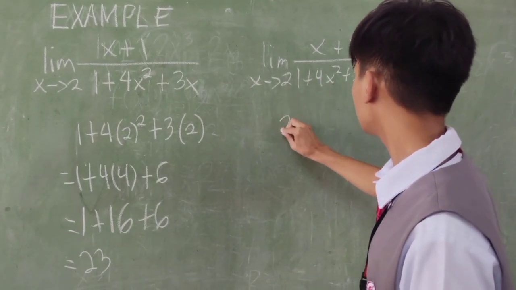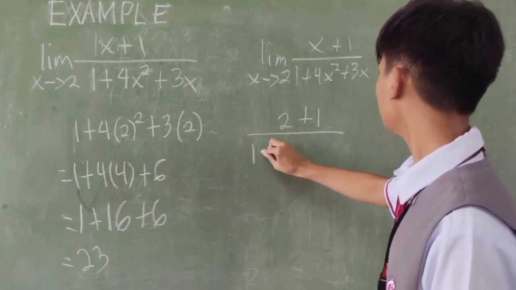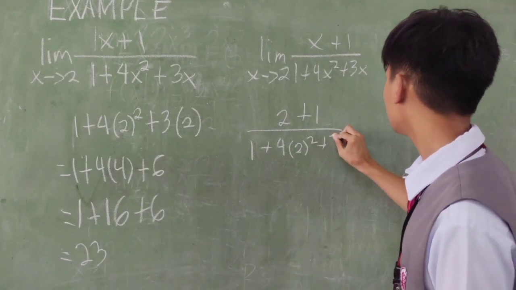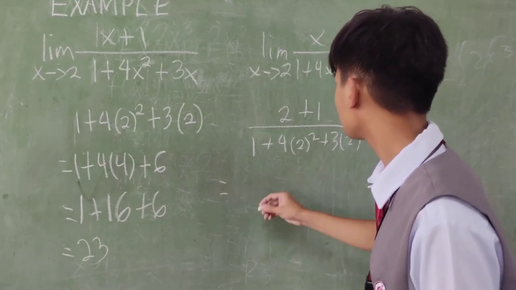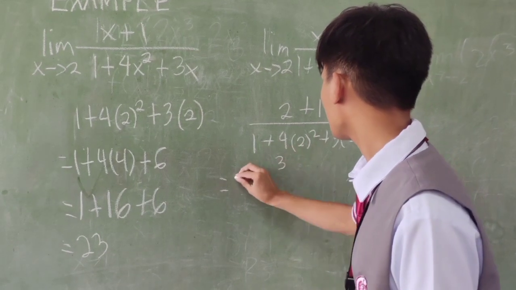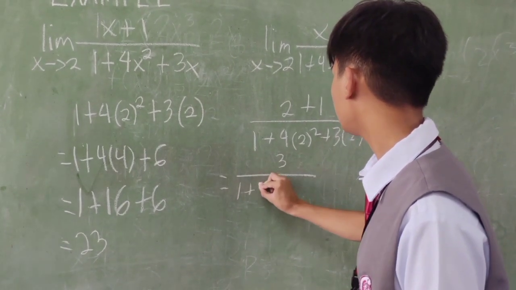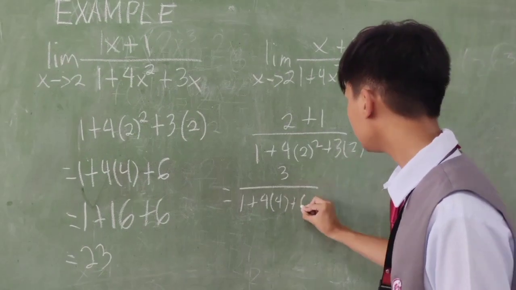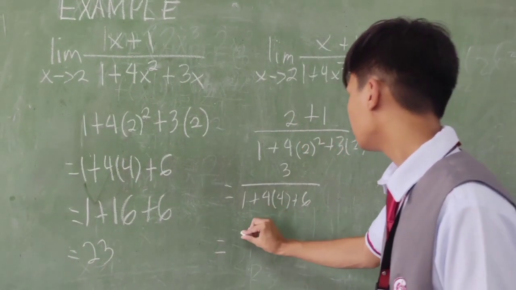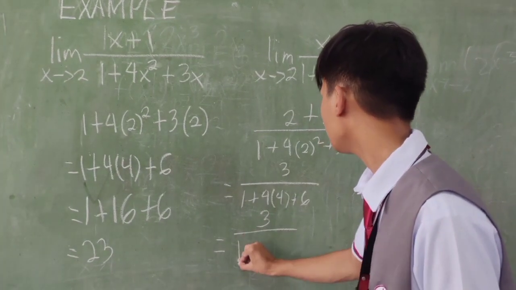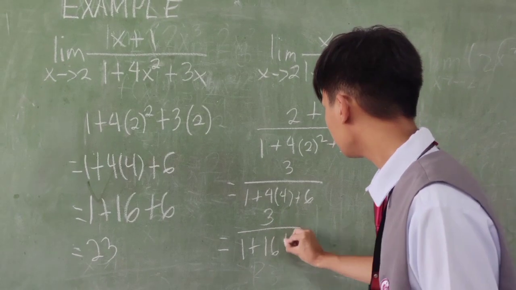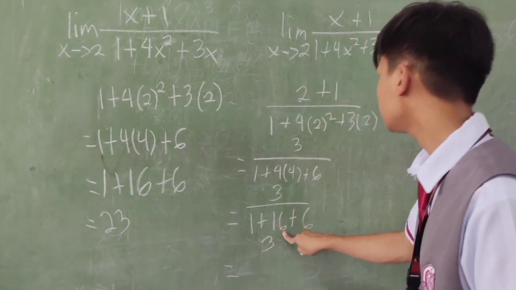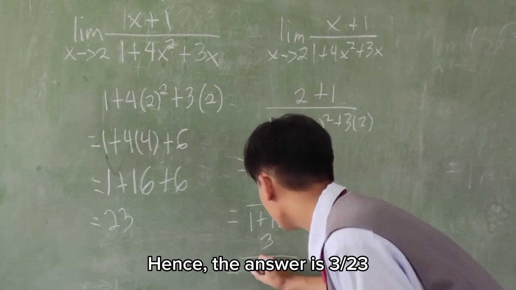And the value of x is 2. 2 plus 1 all over 1 plus 4 times 2 squared plus 3 times 2 equals 2 plus 1 is 3 over 1 plus 4. 2 squared is 4 plus 3 times 2, 6 equals 3 over 1 plus 4 times 4, 16 plus 6 equals 3. 1 plus 16, 17 plus 6, 23. 3 over 23.